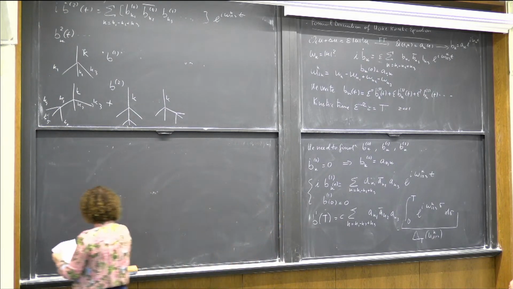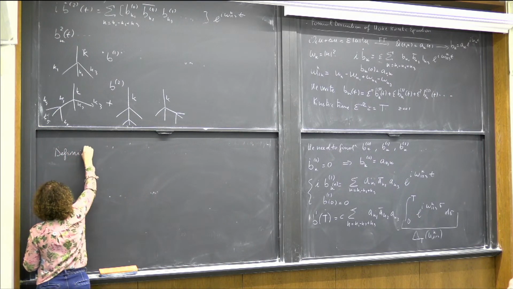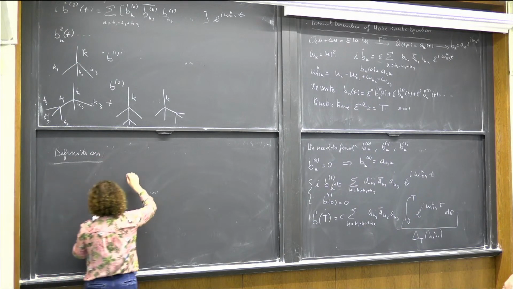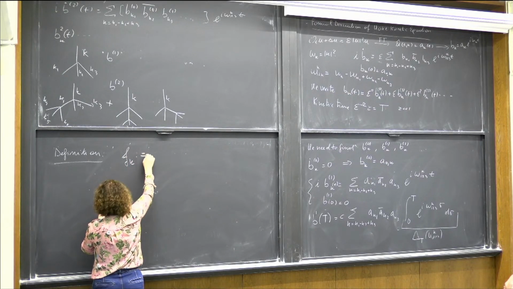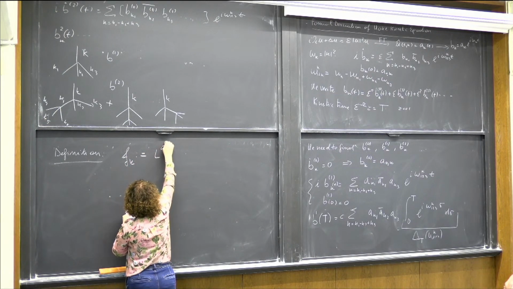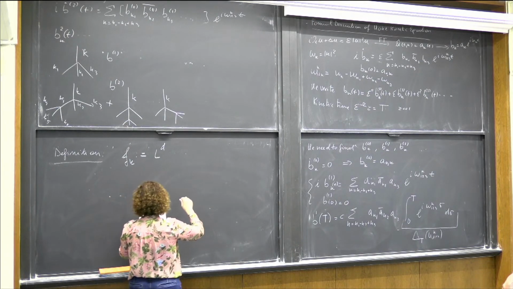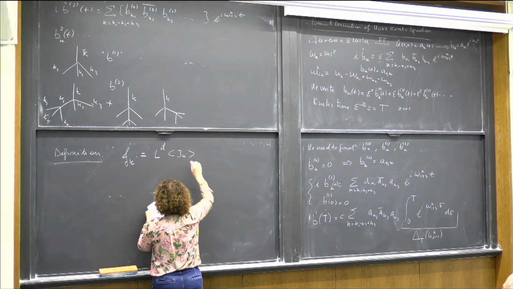So let me just make a definition. I'm going to call f of k to be L to the D. There's going to be some other constant floating around, but those are not important. And the expectation, if you want, the mean value of the J_k.